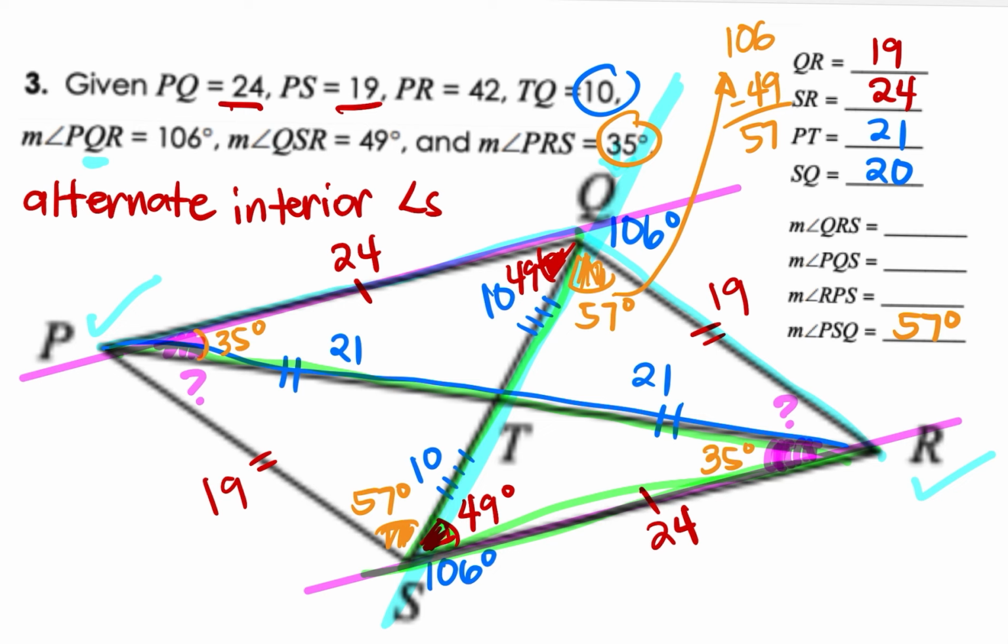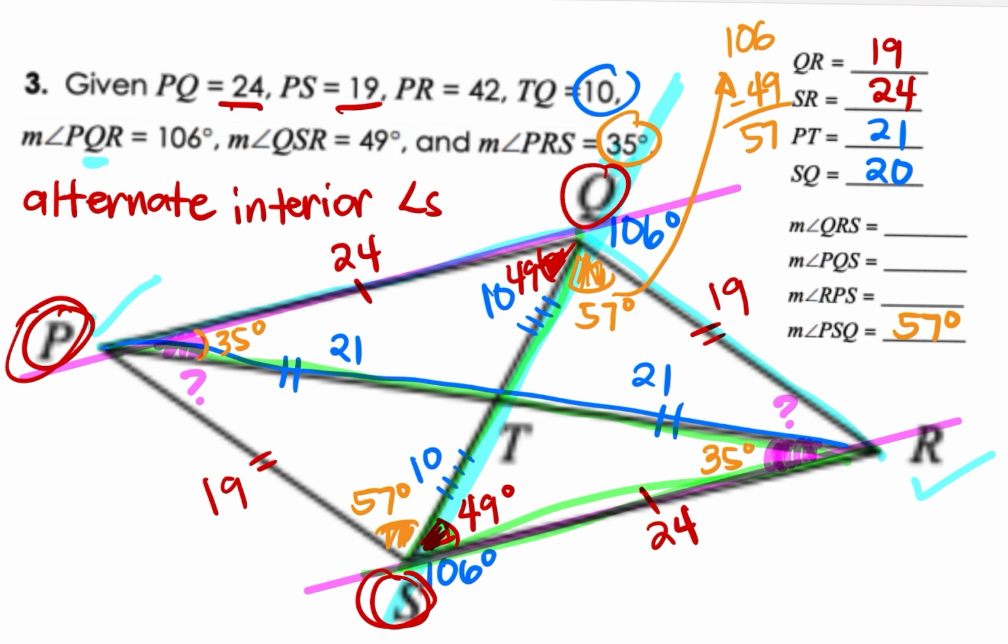And what are the consecutive angles here? We've got angle P with angle Q. They're consecutive angles. Or we could also say P with angle S.